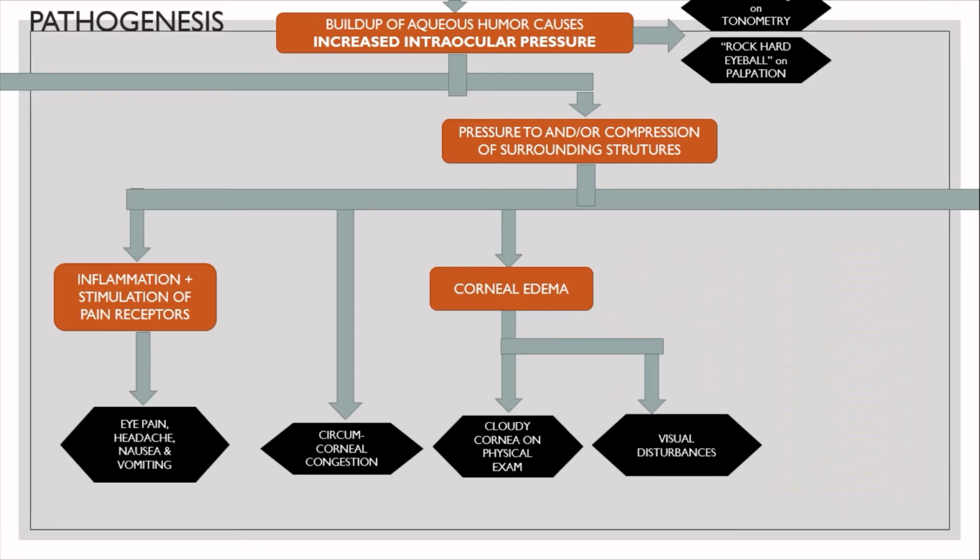It will also result in visual disturbances, as our cornea is one of the major refractive media of the eye, and edema, cloudiness or opacity of the cornea can scatter light, and this can result in blurring of the vision.